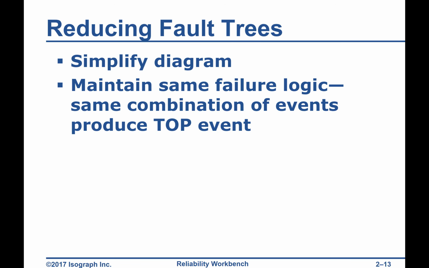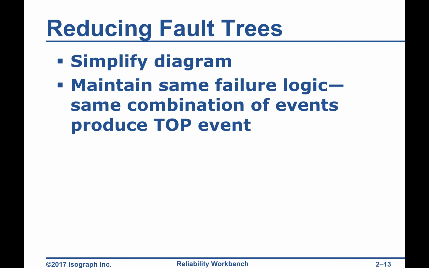However, it tends to produce large, sometimes overly complex fault trees. You can apply some logical rules and draw a fault tree diagram that provides the same failure logic, but in a more compact, perhaps easier to read and navigate diagram. So that's what we're going to do here. We're going to try and reduce this fault tree.